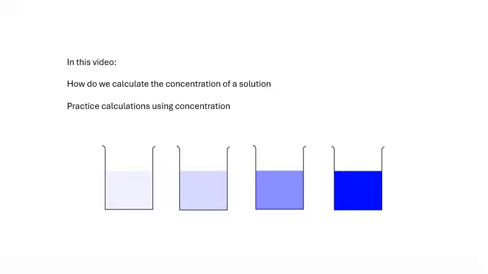Now in this video, we're going to be calculating the concentration of different solutions and also other things like calculating the amount of stuff in the solution, how many moles in the solution or how many grams in the solution. And we're going to do quite a bit of practice because in Unit 4, if you're doing extended certificate, you're going to be doing a titration and you're going to need to be able to do this.